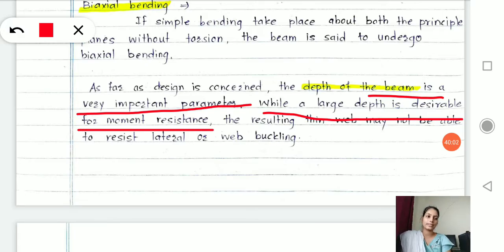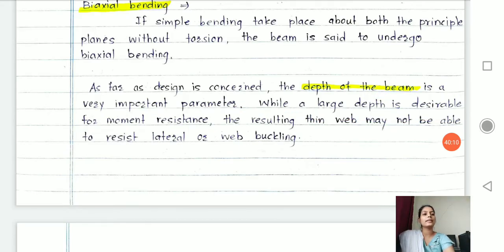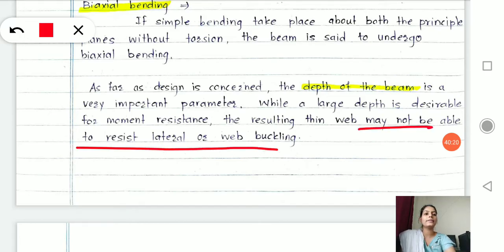Therefore, the depth of a beam is a very important parameter, and a large depth is desirable for moment resistance, to give a greater moment of resistance. But the resulting thin web may not be able to resist lateral or web buckling.